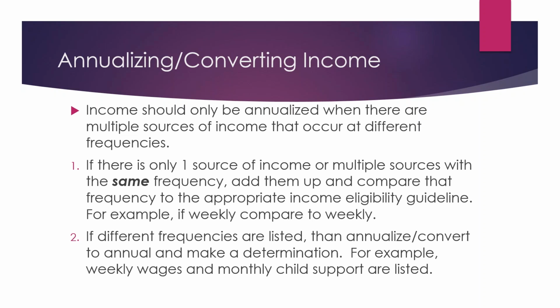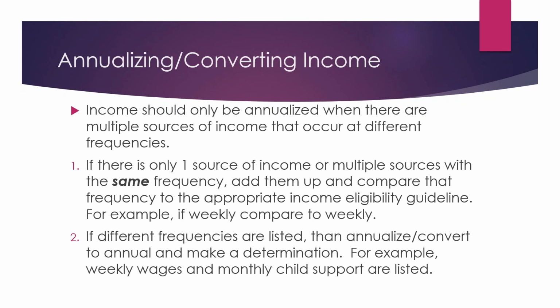For example, if weekly income is reported to you by all sources, then just compare the weekly amount based on the number of household members to what's being reported to you on the weekly column on the income eligibility guideline. If different frequencies are listed, then you must annualize or convert this income to annual and then make your determination.